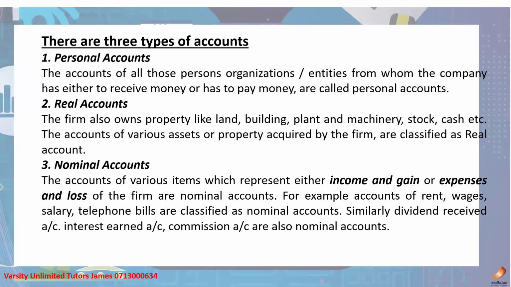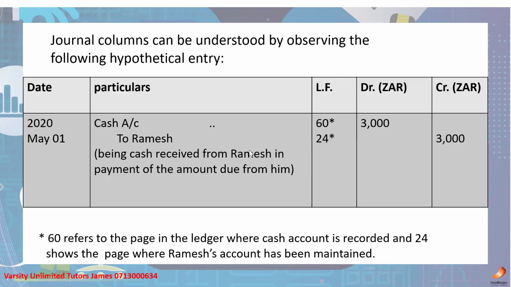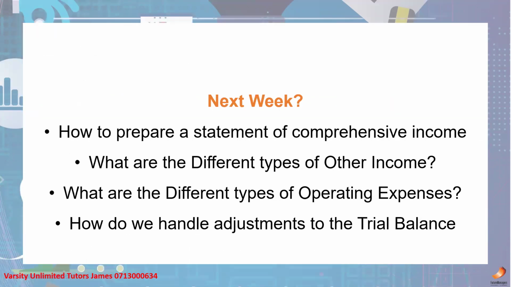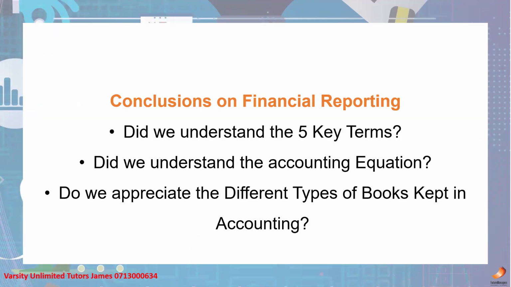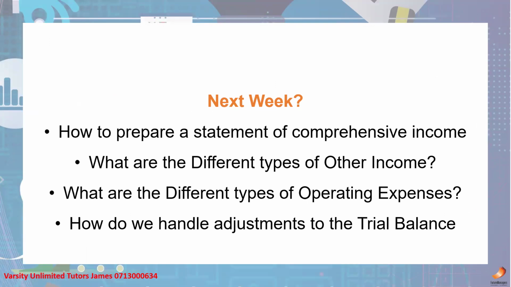Once he has done that, we have what we call a trial balance. A trial balance is a summary of all of the accounts of the business and the value that they are in.